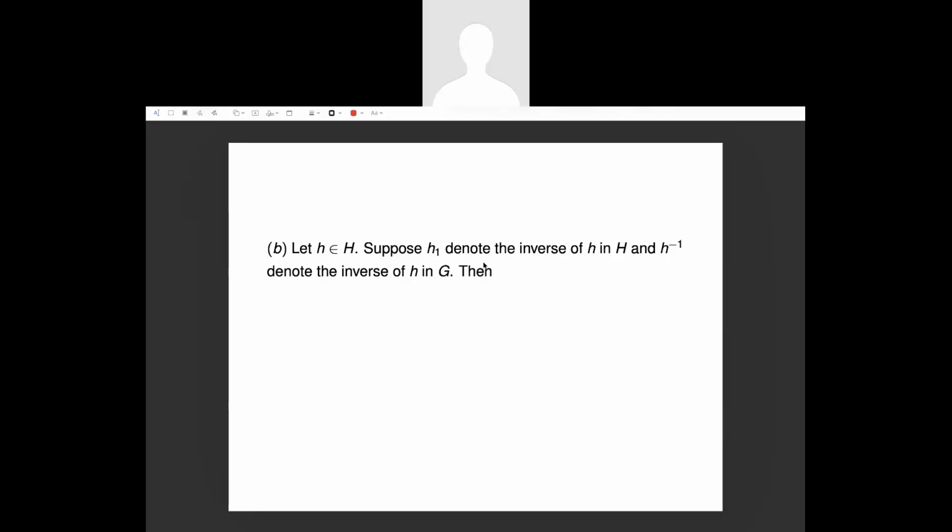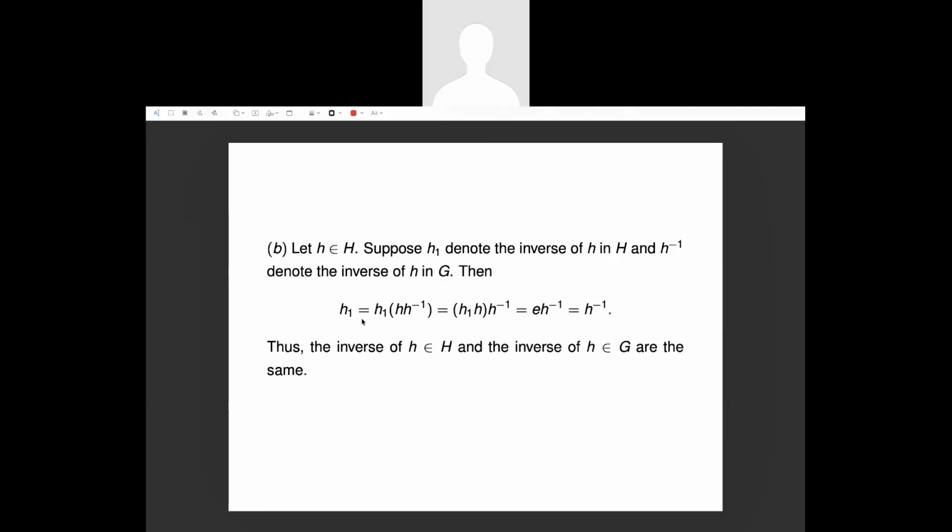Similarly, for the second part, h is an element of H. Suppose h1 denotes the inverse of h in H, and h inverse denotes the inverse of h in G. So h1 can be written as h1 times e, where e is the identity, and h times h inverse is equal to the identity. So h1 times h times h inverse equals h1 times e, and h1 is the inverse of h in H, so h1 h is the identity e, and then e times h inverse is equal to h inverse.